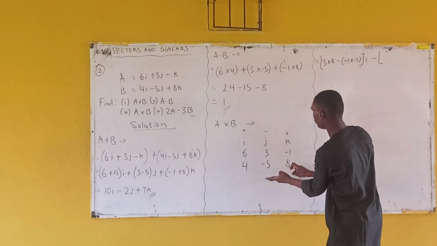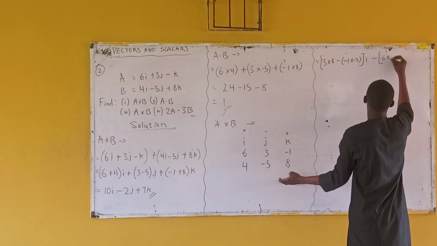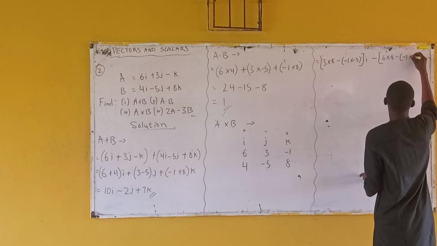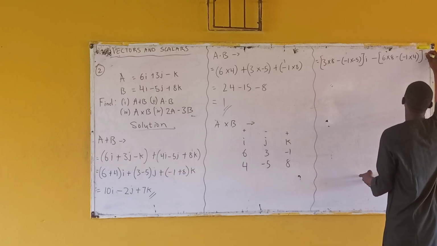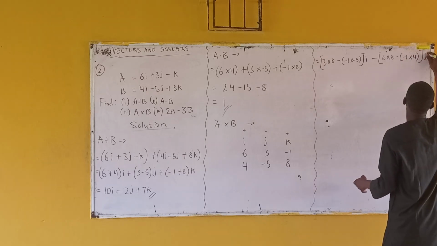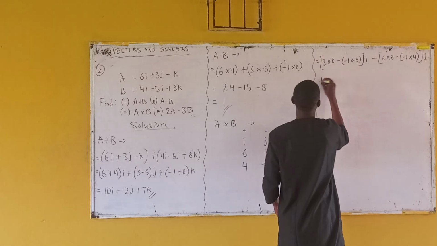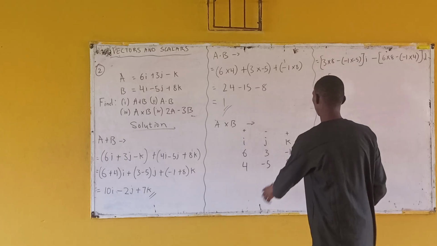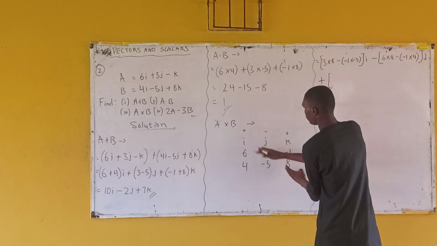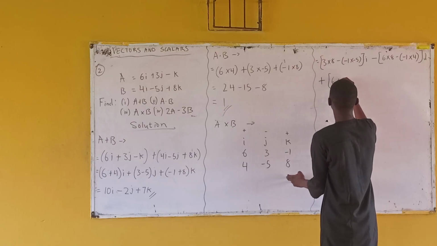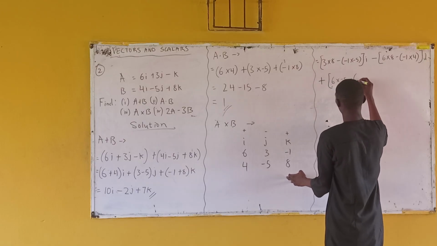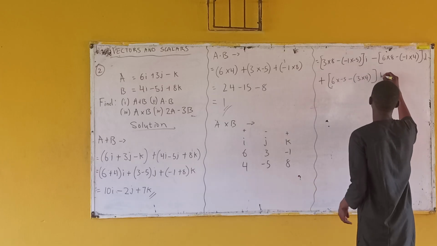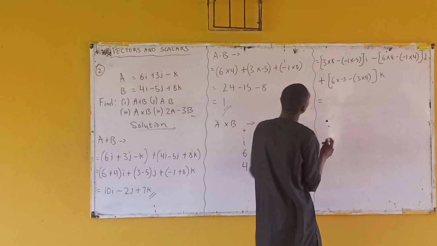We have 6 times 8 minus, open bracket, minus 1 times 4, j, then plus. Then we have this and this: 6 times minus 5 minus 3 times 4. So this is k.